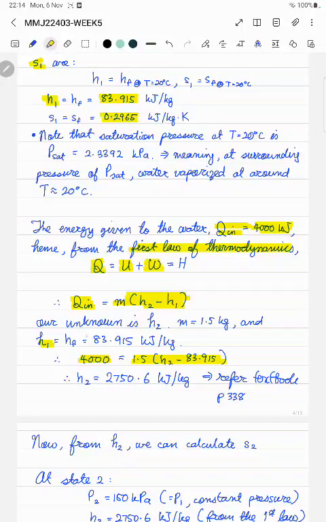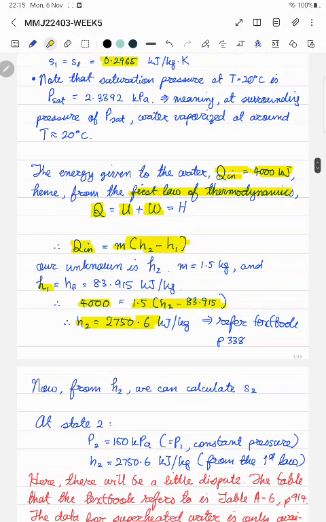H1, we got earlier from the table, is 83.915, and the equation is here. If you do the algebra, you get H2 to be 2750.6. That's the value that I get, and I believe it's the same value in the textbook, on page 338.